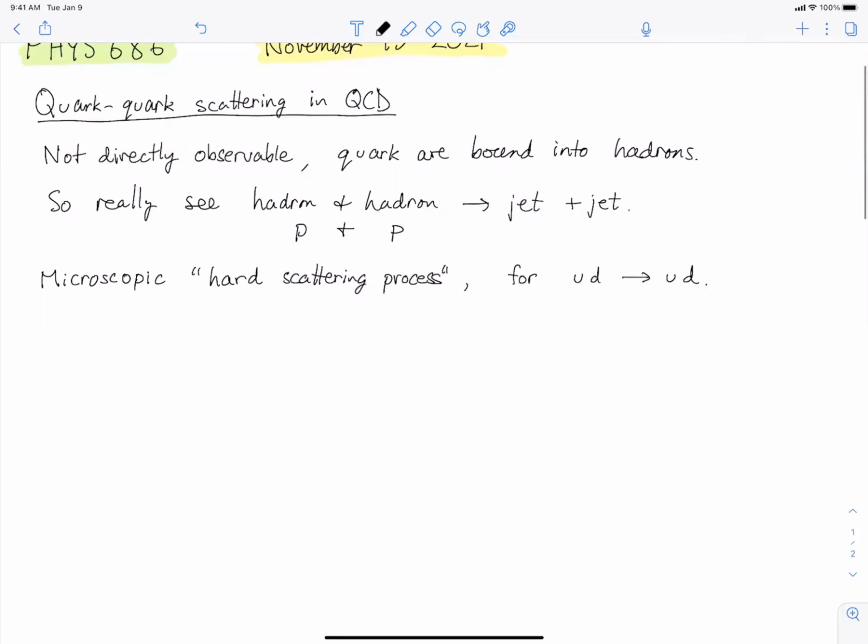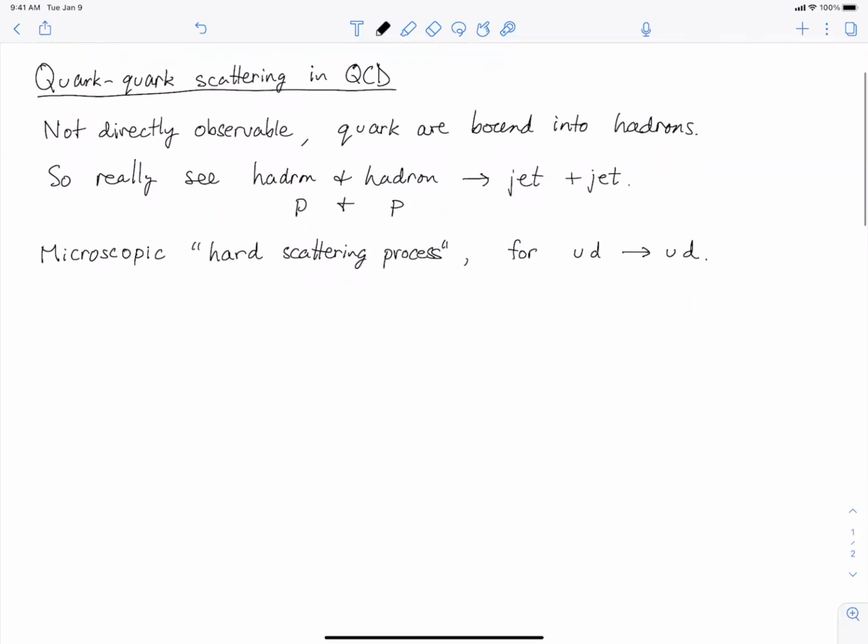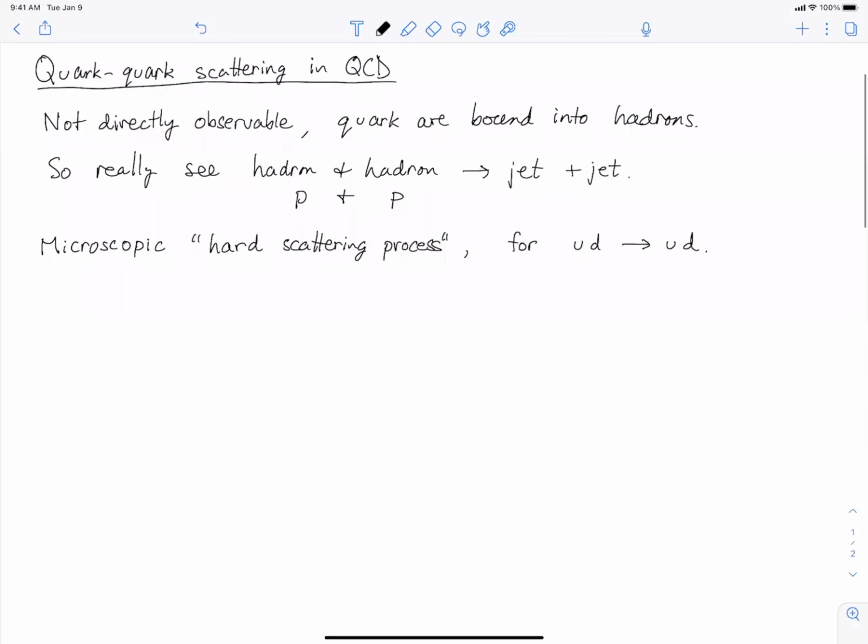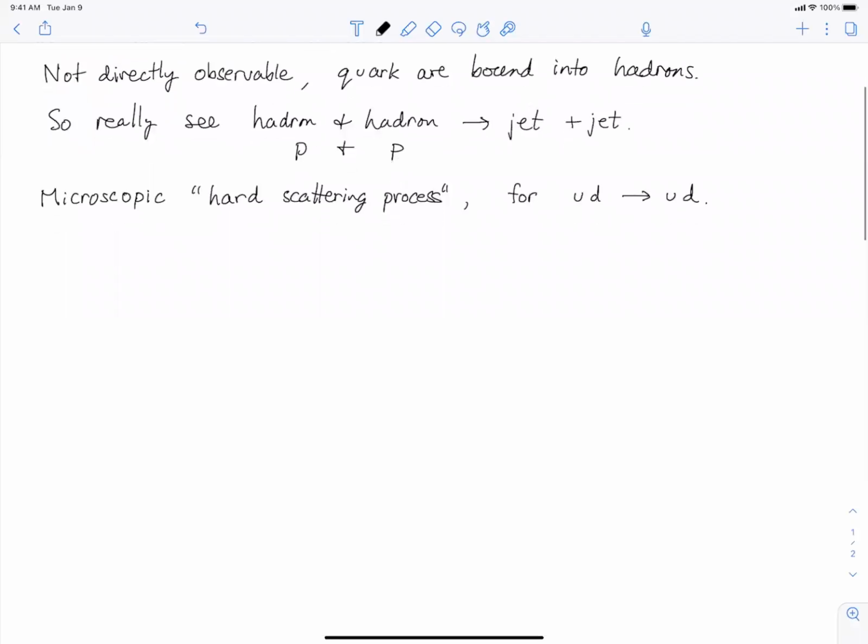The reason for that choice is kind of similar to why, for example, we might look at mu plus mu minus goes to, or e plus e minus goes to mu plus mu minus. It's because there will be fewer Feynman diagrams. In fact, there is only one Feynman diagram for this case, which looks like that.